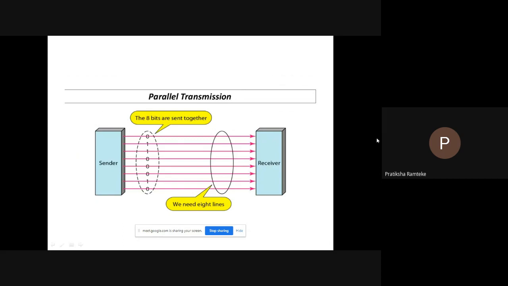In this figure, 8 bits are sent, so 8 communication channels are used for sending these 8 bits from sender to receiver.